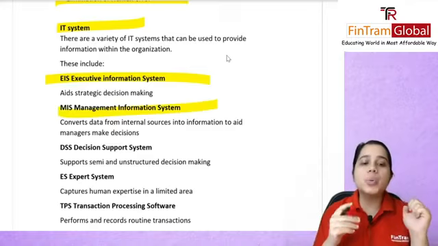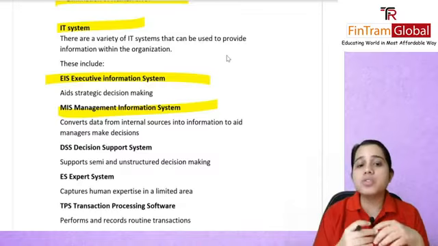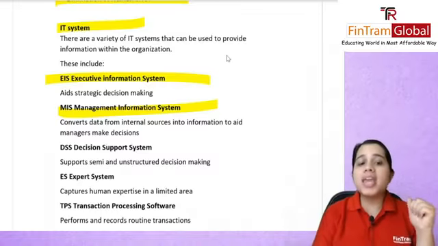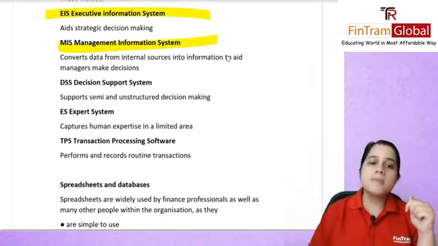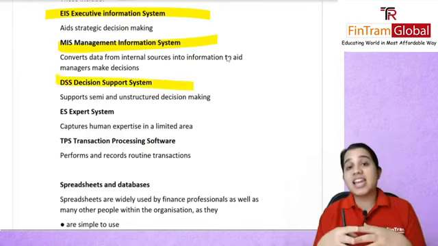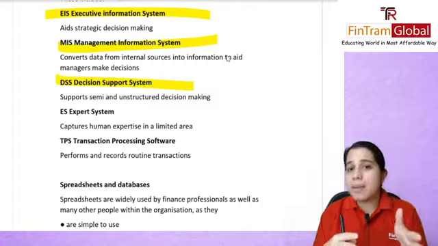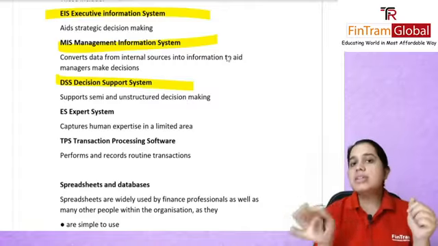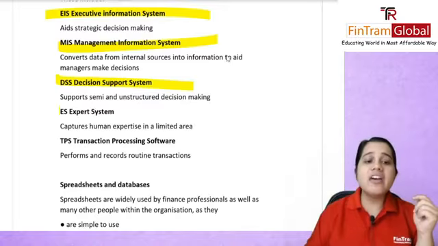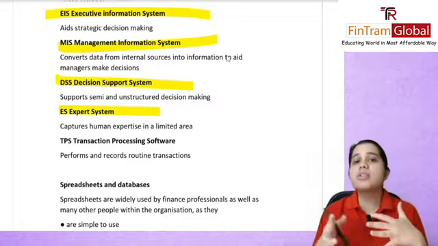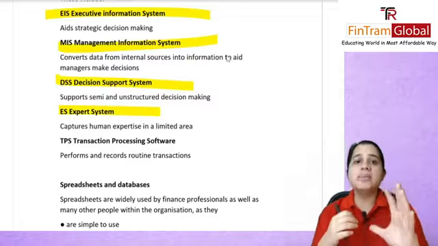It is going to convert your data from internal sources into information to help managers make decisions. Then we have your DSS, that is your decision support system. It will support any sort of semi-structured or unstructured decision making. We have our expert system, which captures the human expertise in any particular area.